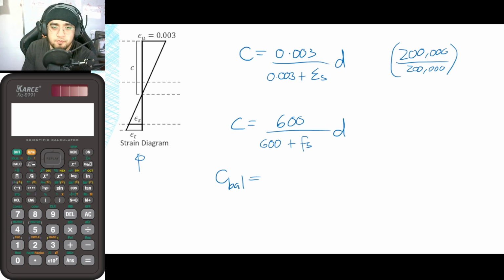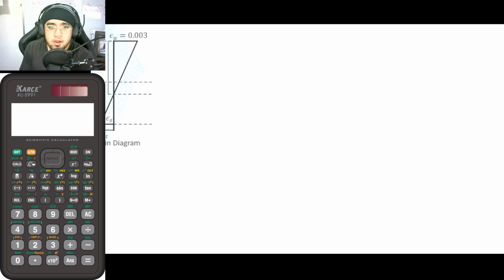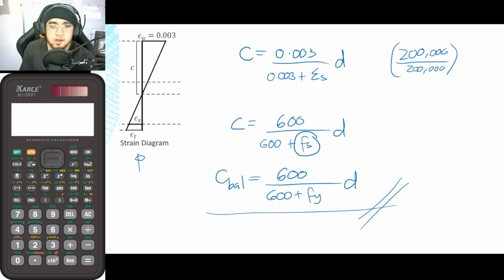This is equal to, we would just be changing the value of Fs into Fy. So 600 divided by 600 plus Fy times D. So for the value of C in this particular equation, this must be C balance because that is the value of C under balance condition. I will now be changing it in terms of this equation.